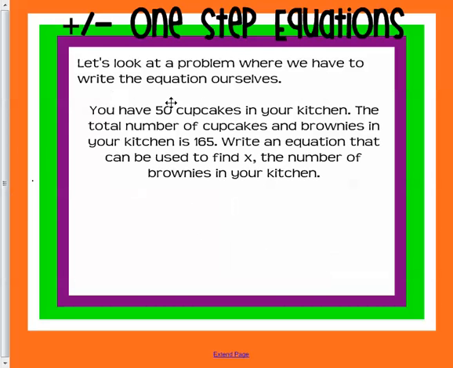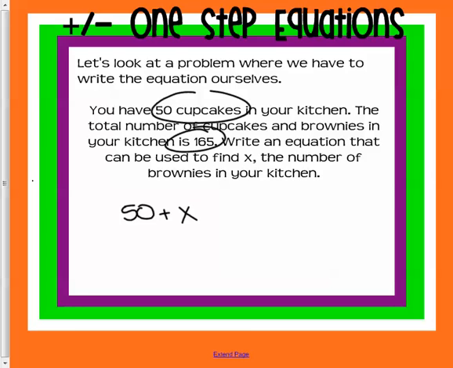Okay, so now let's look at a problem where we have to write the equation ourselves. You have 50 cupcakes in your kitchen. The total number of cupcakes and brownies in your kitchen is 165. Write an equation that can be used to find x, the number of brownies in your kitchen. So we know we have 50 cupcakes, and we know we have some brownies, which we're calling x.